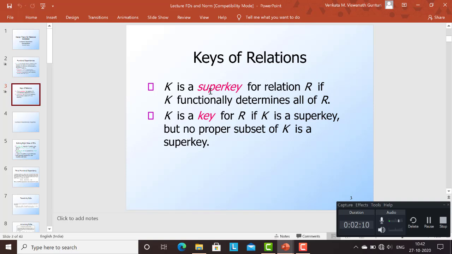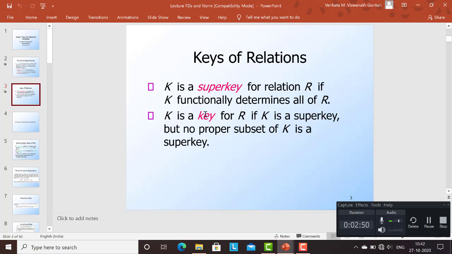So we define the super key for a relation R. K is a super key for a relation R if and only if K functionally determines all the other attributes in relation R. This is the most formal definition that you can have for a super key, right? Of course, we have defined super key earlier also when I was teaching SQL and all that. But note that this definition is not in conflict with the ones which I have already covered. I'm just putting it more formally, and so that's the super key.